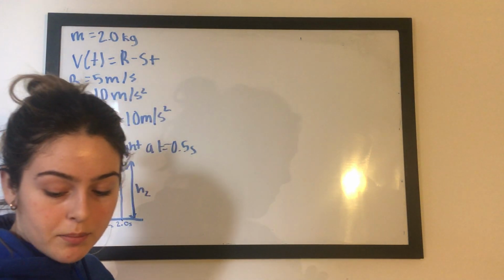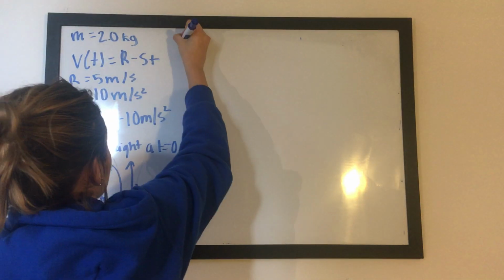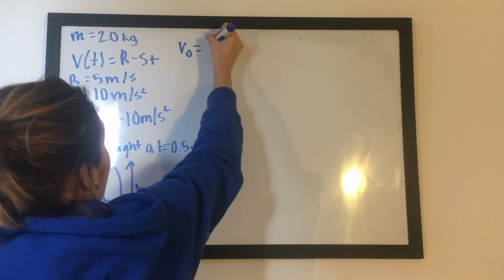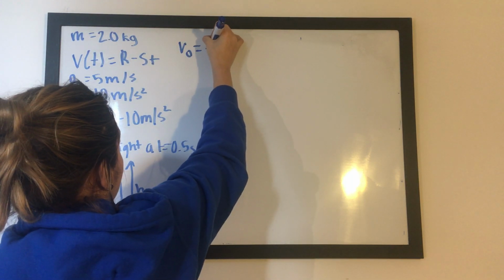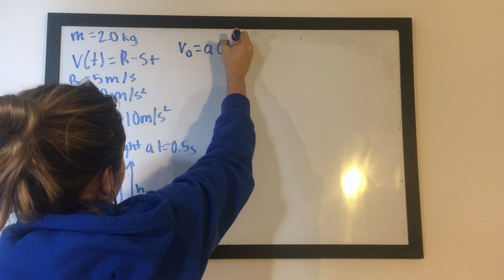So velocity initial is going to be given by the acceleration times the time.